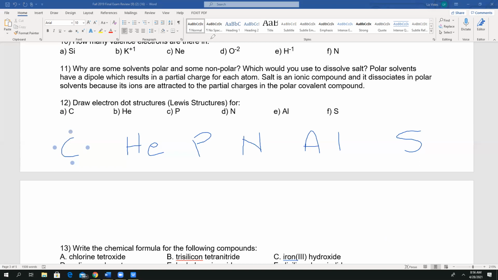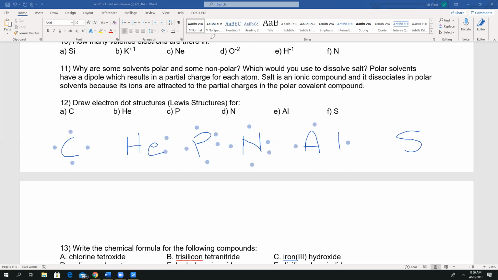Helium happens to be in group 1, and they are paired because it's the 1s2. This is full. Phosphorus is in group 5, so you go 1, 2, 3, 4, 5. Nitrogen is also in group 5, 1, 2, 3, 4, 5. Aluminum is in group 3, 1, 2, 3.